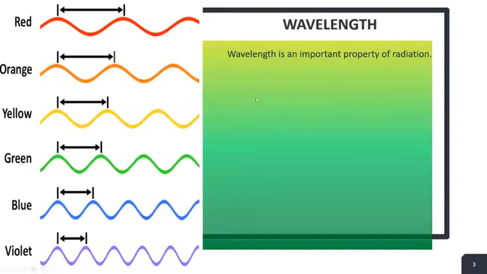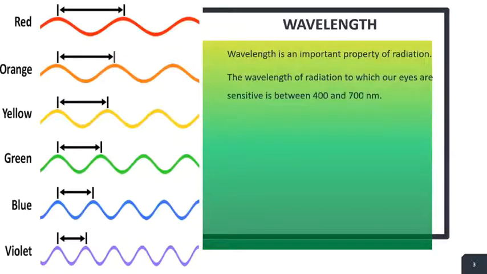Wavelength is an important property of radiation. The wavelength of radiation to which our eyes are sensitive is between 400 and 700 nanometer. So nanometer is the unit of measuring the wavelength.